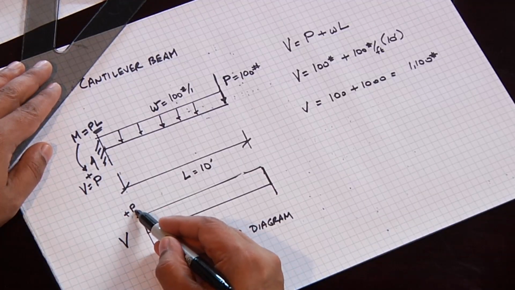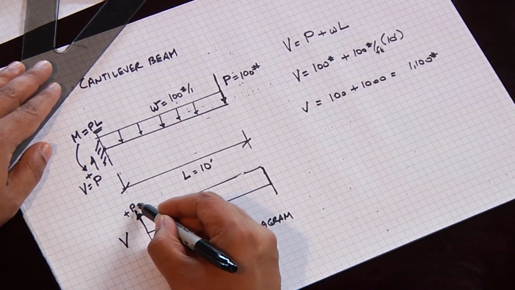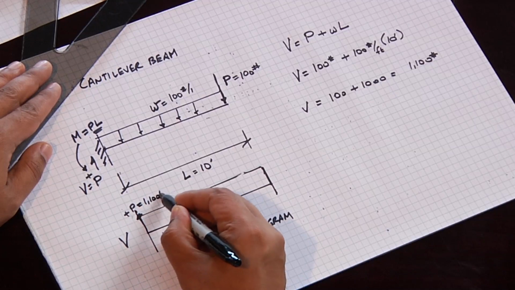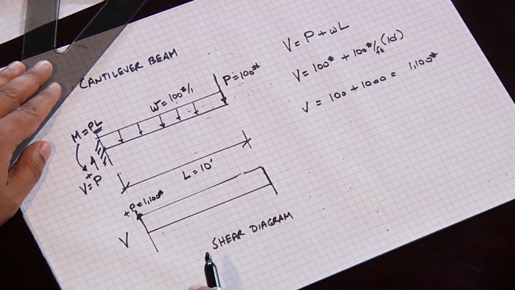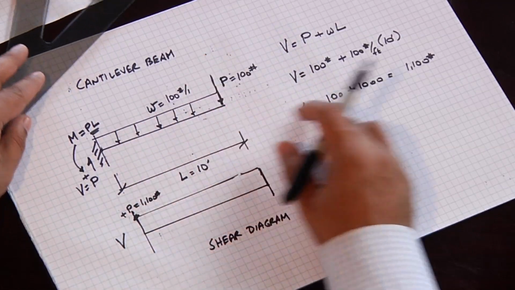I'm still going to start off up here with plus P plus WL, except that now this becomes 1,100 pounds, but now this curve is going to change, because now we have a uniform load with a concentrated load.